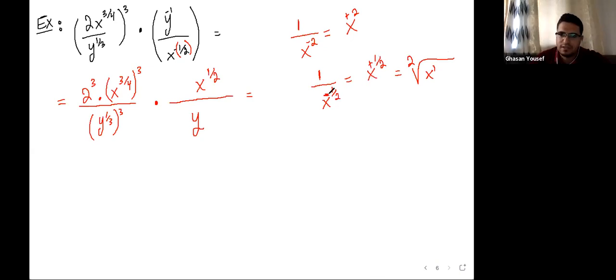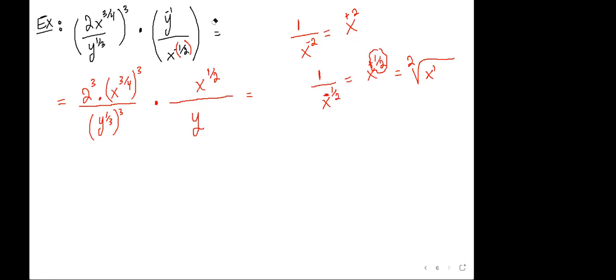It does not affect moving this up or down. This means radicals here. Make sense? So for our example, the y to the power minus 1, we move this one down and it becomes positive 1. And x to the power minus 1/2 should be moved up, so it will be x to the power 1/2 positive.